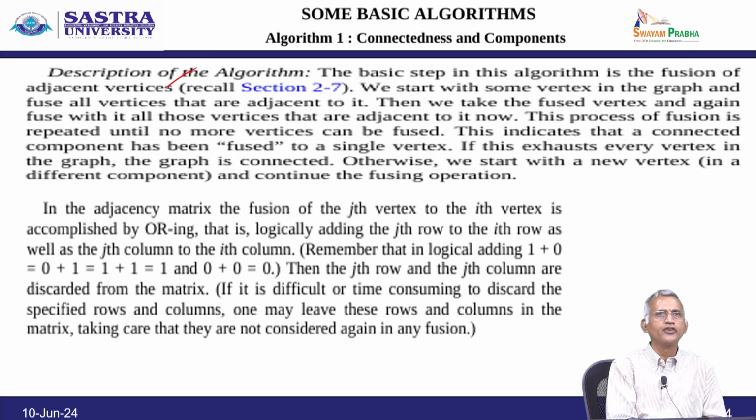This process of fusion is repeated until no more vertices can be fused. This indicates that a connected component has been fused to a single vertex. If this exhausts every vertex, the graph is connected. Otherwise, we start with a new vertex and continue the fusing operation. So, this is the description of the algorithm.